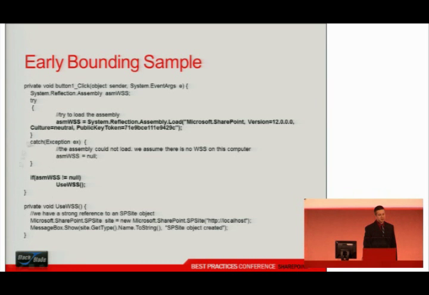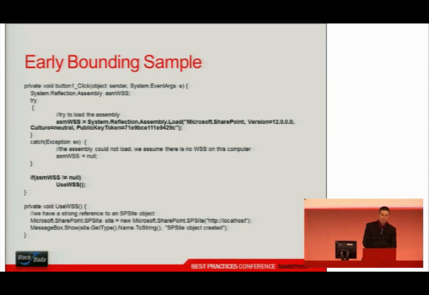If we don't get an exception during this load, so if this assembly reference is not equal to null, then we can go ahead and use Windows SharePoint Services. And when we're using Windows SharePoint Services, we now are able to get the full IntelliSense. So we can do a new Microsoft.SharePoint.SPSite object, for example.